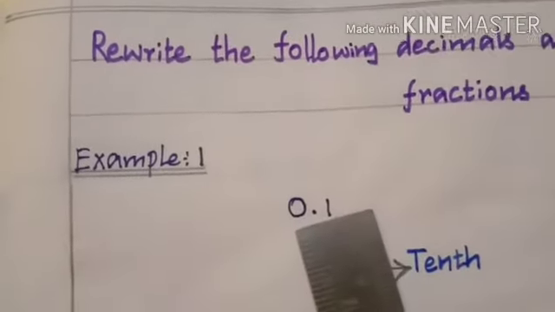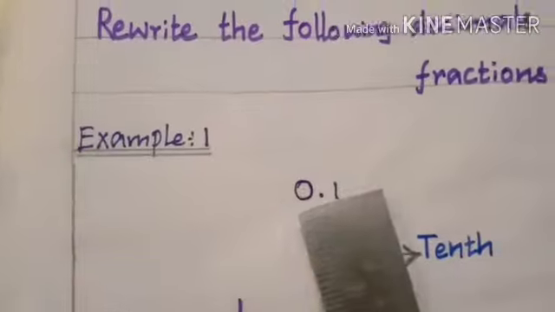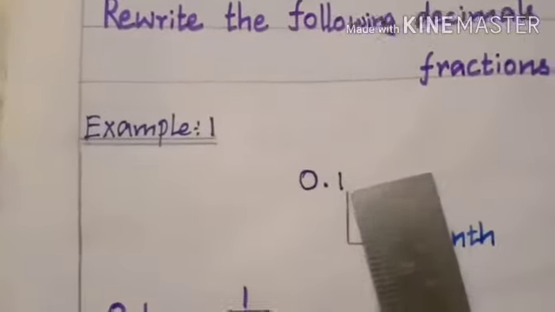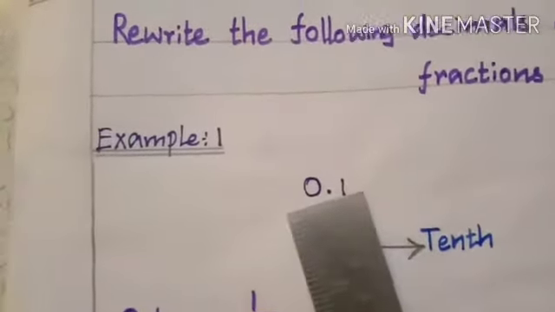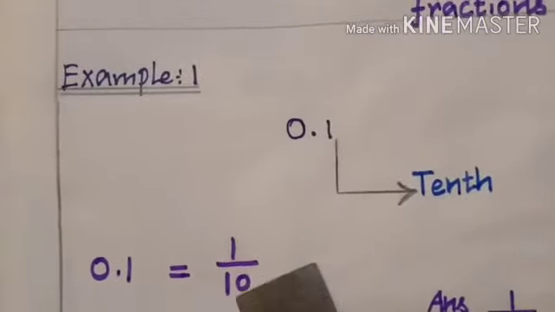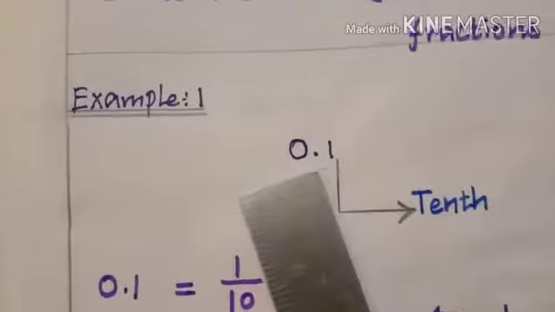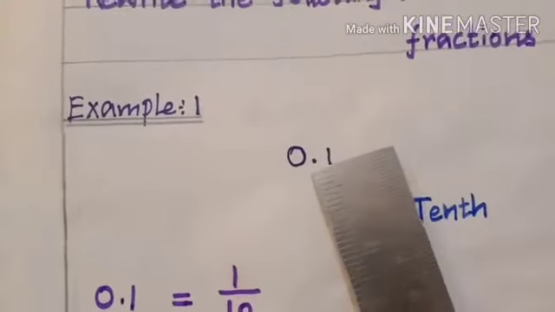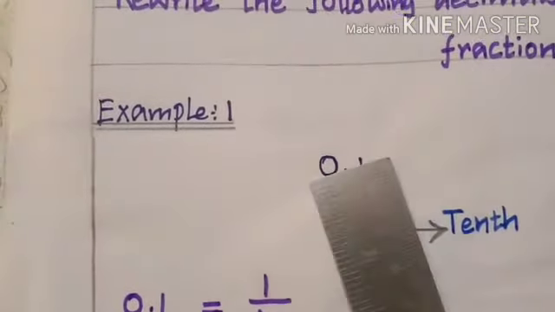Now we move on to the first example. Here 0.1. In this question, decimal form is given. We have to convert it into fractional form. Here, what is the place value of 1? Yes, good.